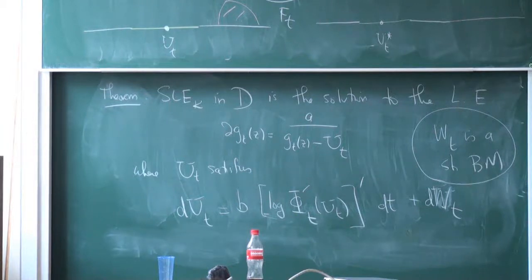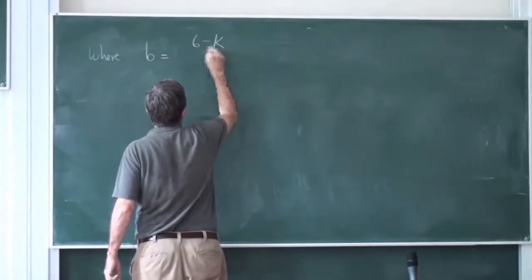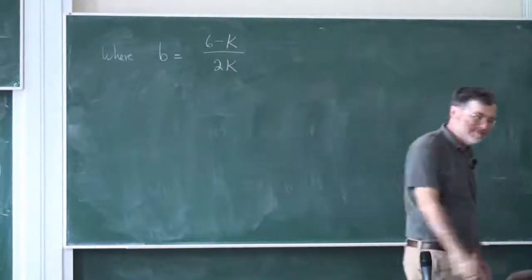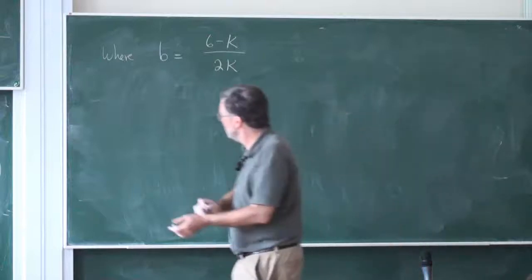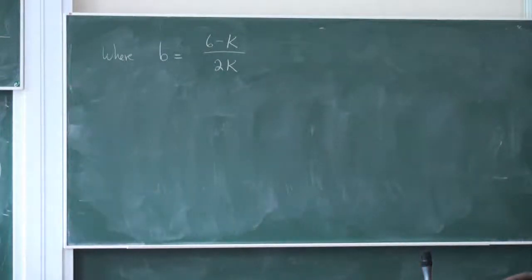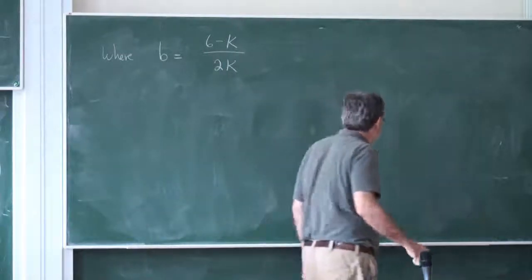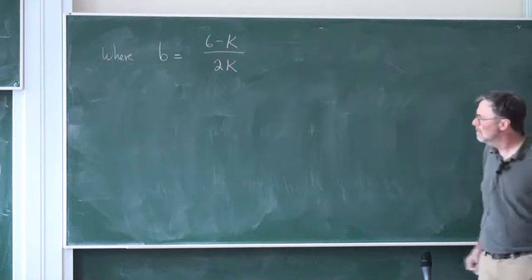In this case, B turns out to be (6 minus kappa) over 2 kappa. And that's the first calculation of an exponent in terms of SLE. So it's just calculation. It's all rigorous on the SLE level.